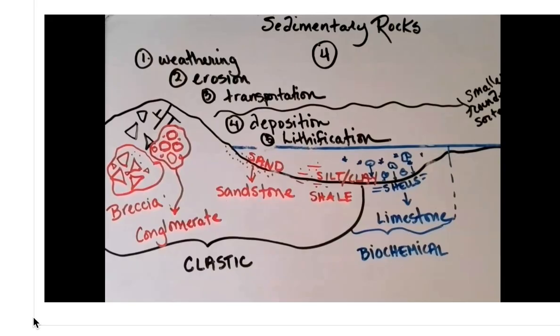But what we've really done in this instance is we have changed our depositional settings, and now we have sand that is being deposited right at the coast, and that sand undergoes lithification and forms sandstone. And a little further out, we have silts and clays that deposit, and they form shale. And a little further out, we have shells that get deposited, and these shells eventually form limestone.